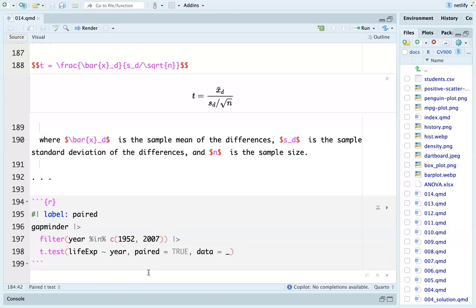The countries in 1952 and in 2007 are the same group, so they are compared to themselves, but at different times. One is 1952 and the other is 2007.